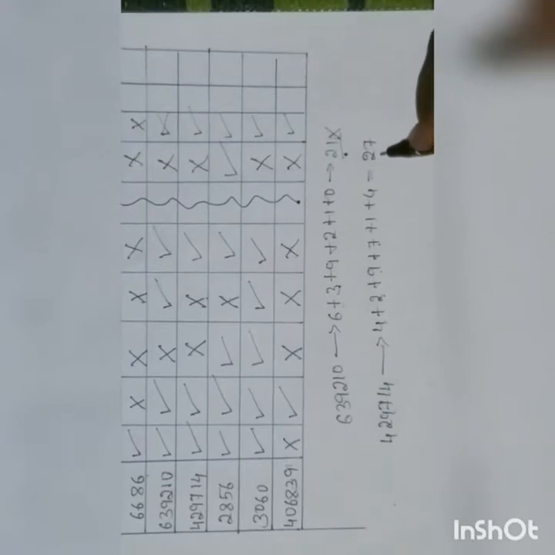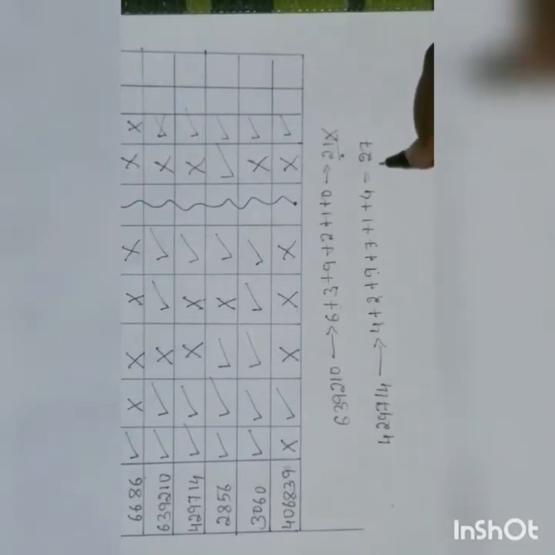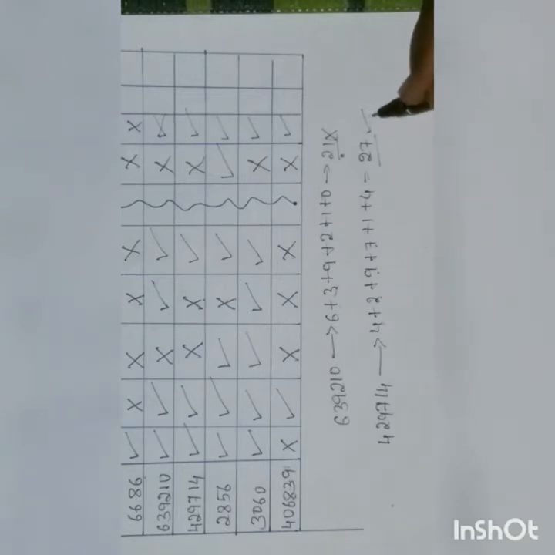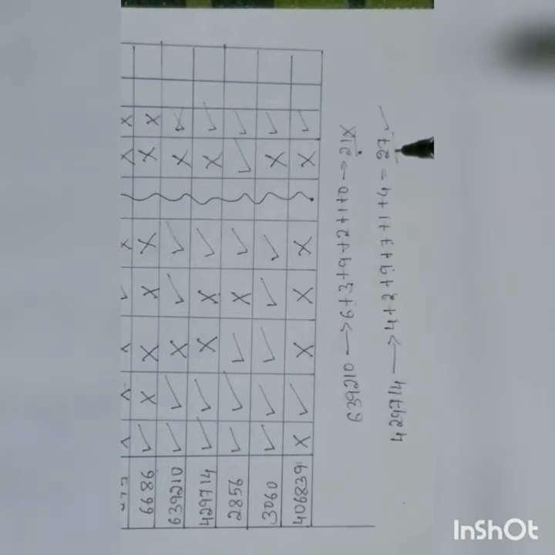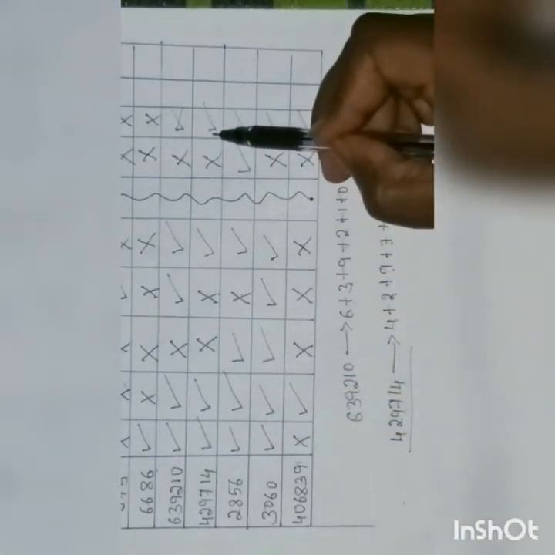This is the first step. What is the second step? I need to check whether this is a multiple of 9 or not. Yes, 27 is a multiple of 9; 9 times 3 is 27. That's why, when the sum of the digits is a multiple of 9, the whole number is divisible by 9. So this number is divisible by 9.